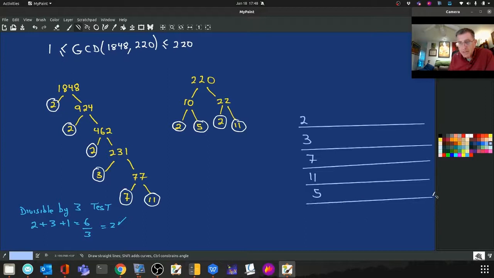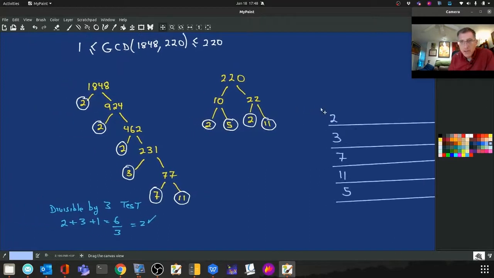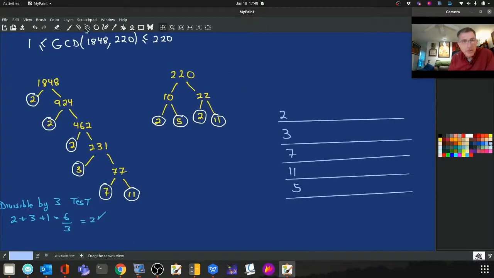And by doing this table, in other classes, we can also find the LCD. So these are my prime factors. So now I put 1848 here and 220 here.